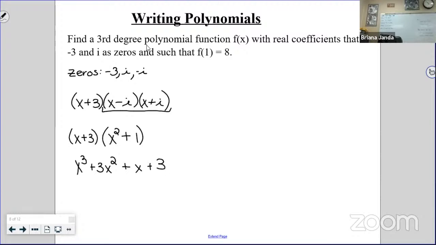And that is our generic polynomial, and we're going to figure out what multiple of that we get with that specific information. So I'm going to bring that up here and say, okay, f of x equals some a sub n times that. And at this point, I'll plug in 1 and set it equal to 8.